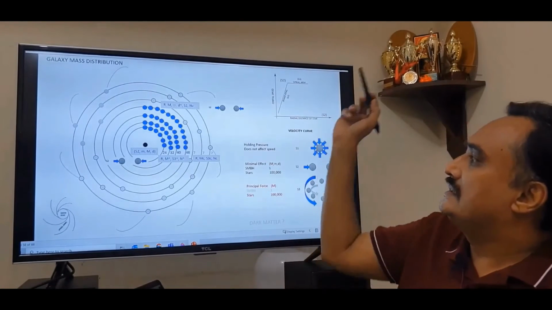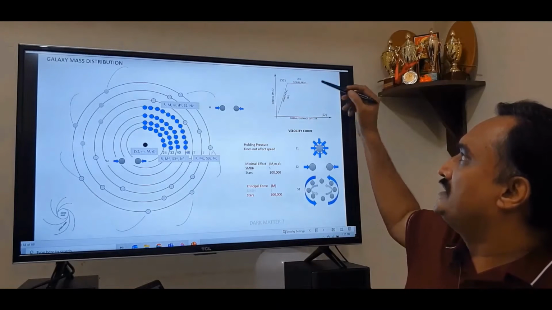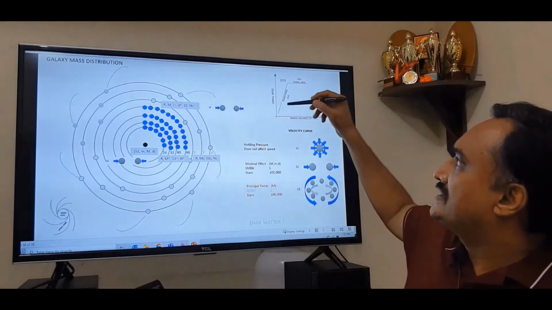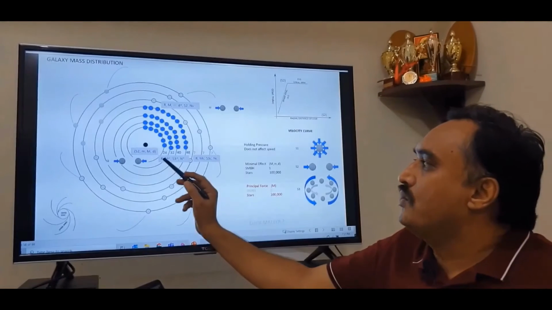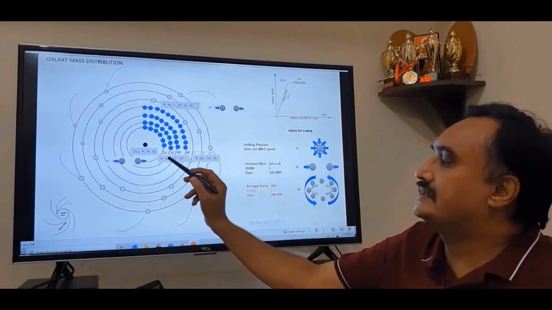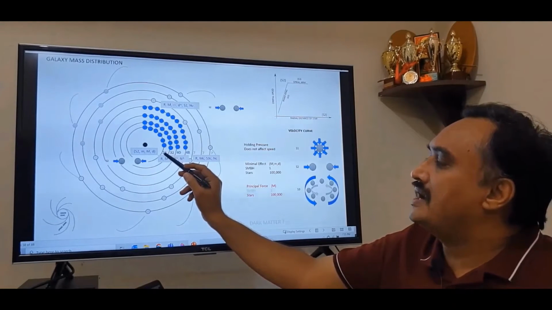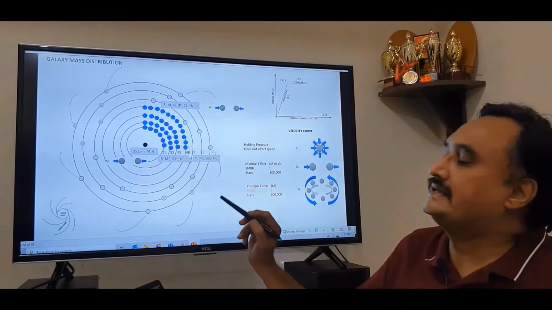Now, let us try and understand how this velocity curve is explained by Spacity. Let us first take the inner ring. In the inner ring, as you move away from the center of the galaxy, as the radius increases, you can see that the mass in that particular circumference or at that radius is increasing.